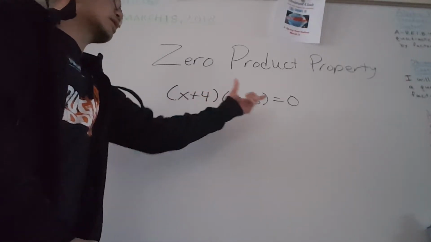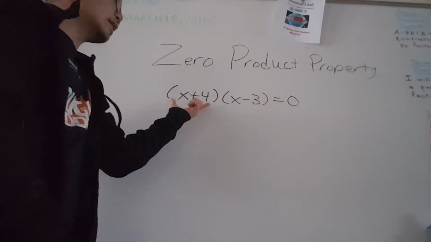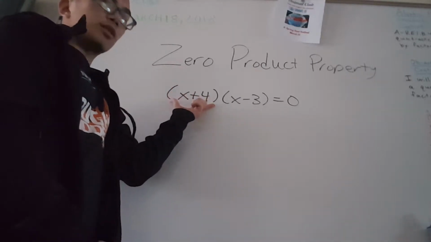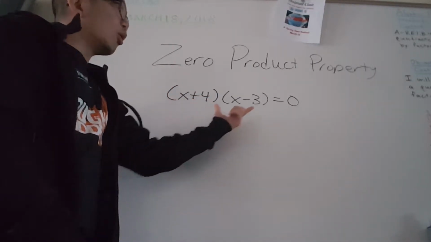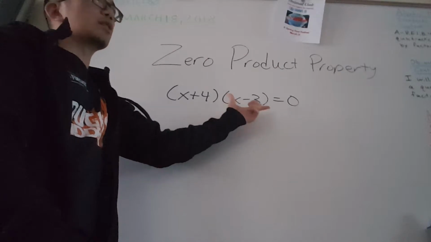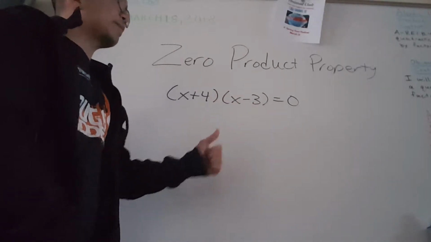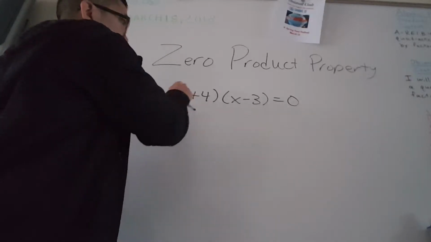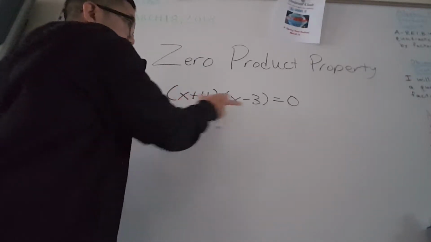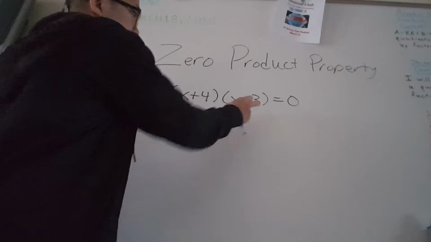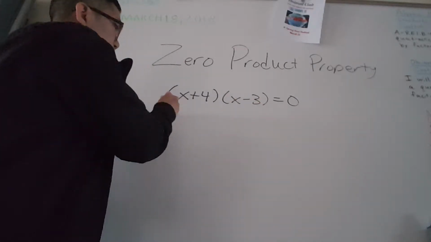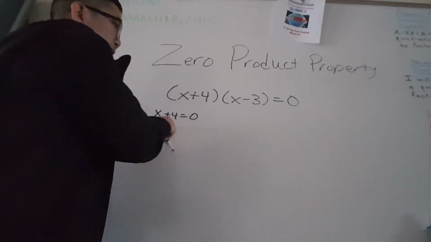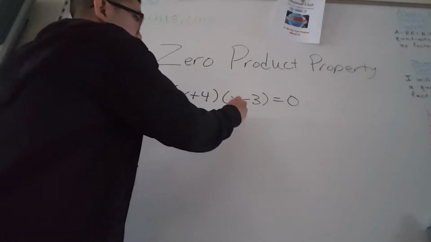So this times this is equal to 0. So either this factor of x plus 4 or this factor of x minus 3 is equal to 0. There are two solutions here: one when this factor equals 0, and one when this factor equals 0. So I'm going to split up my factors and make each equal to 0 to solve the equation.